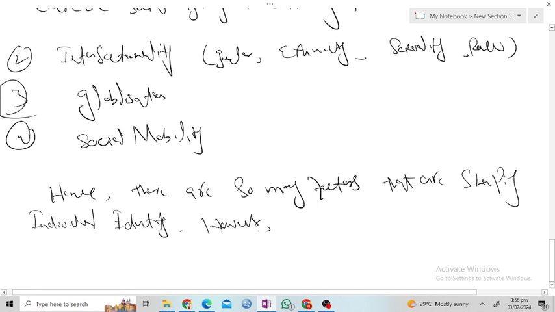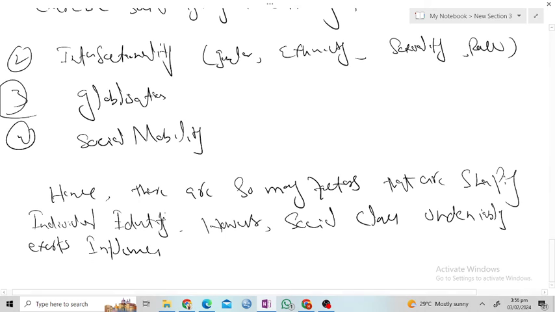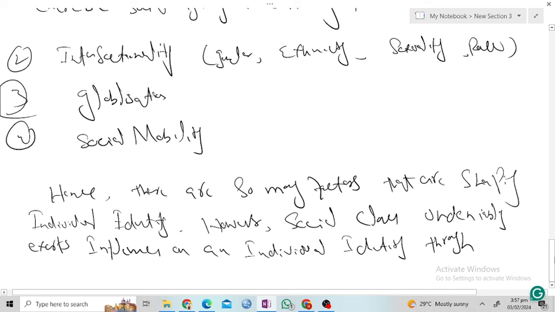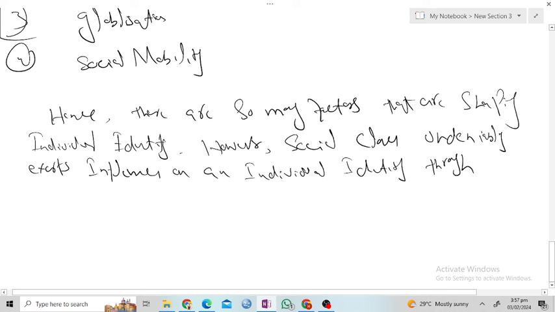However, social class undeniably exerts influence on an individual's identity through access to resources, cultural capital, and socialization. Whatever heading you give over there, just conclude it in a proper way.